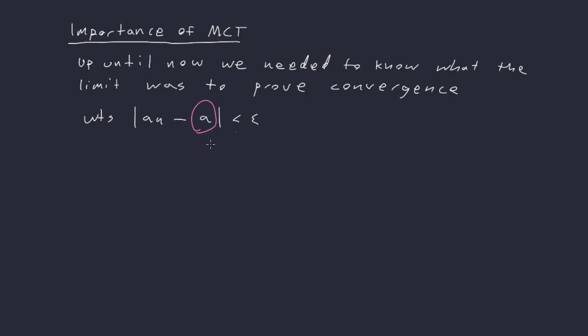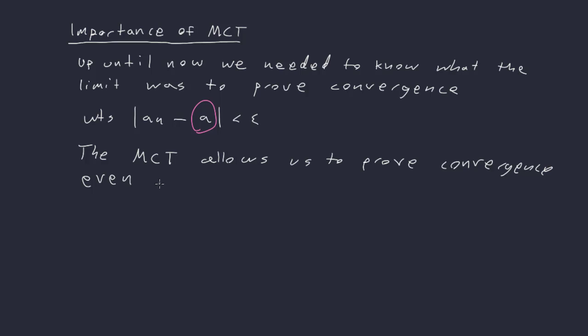Okay, so what the monotone convergence theorem allows us to do is prove convergence even if we don't know the limit. And in fact, it's only the first such theorem that helps us with that.